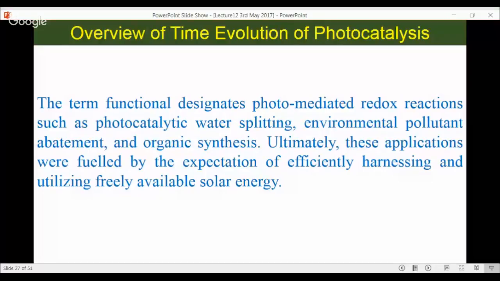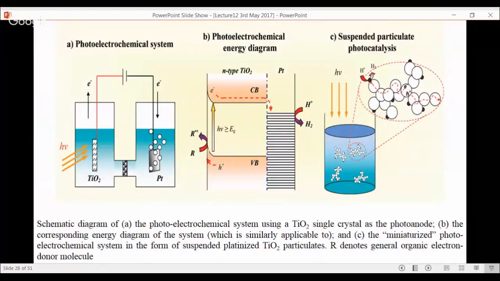The term functional designation covers photo-mediated redox reactions such as photocatalytic water splitting, environmental pollutant abatement, and organic synthesis. Ultimately, these applications were fueled by the expectation of efficiently harnessing and utilizing freely available solar energy. Freely, I have already told you, is not quite right, but from our pocket we are not paying for it.